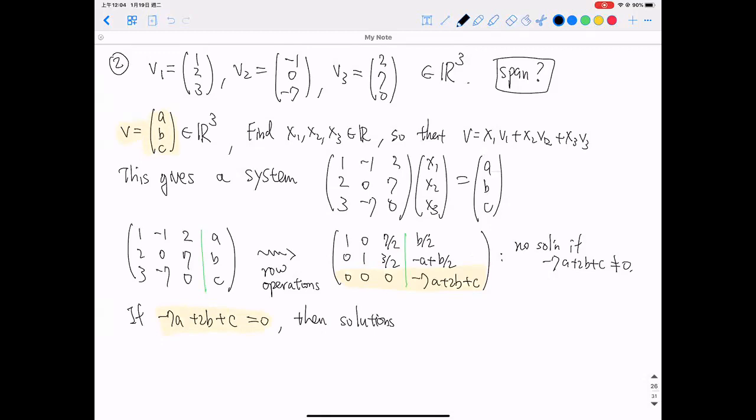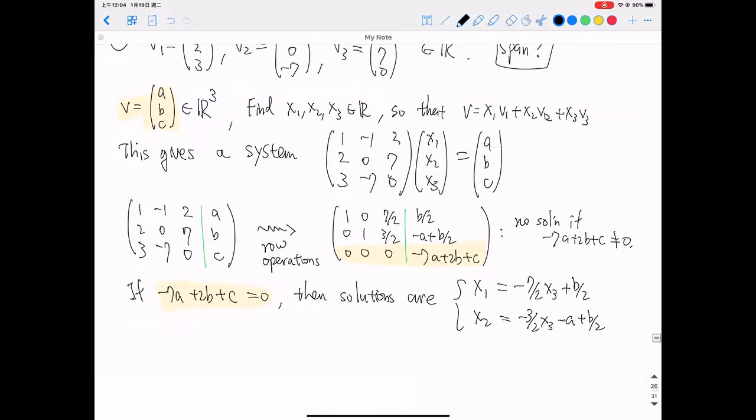The solutions are x1 and x2 equal to negative 7/2 x3 plus b on 2 and negative 3/2 x3 minus a plus b on 2 respectively. And you can pick the value of x3. In particular, you can take it to be 0.